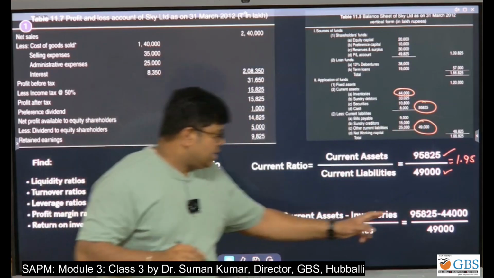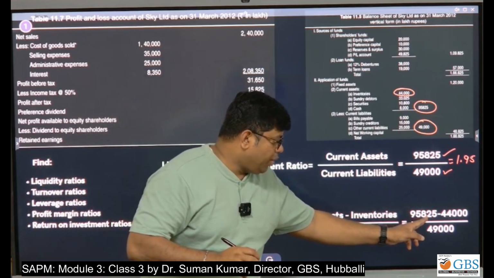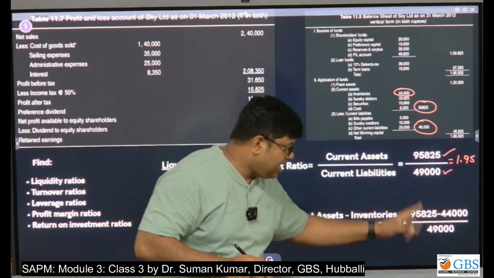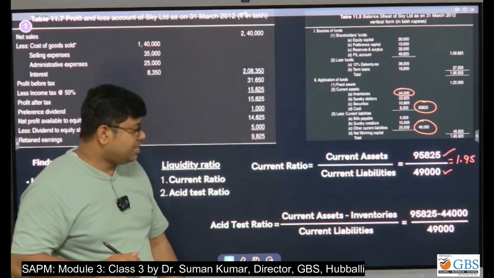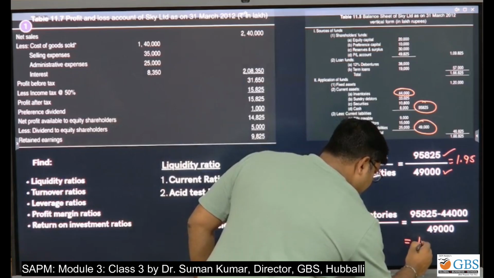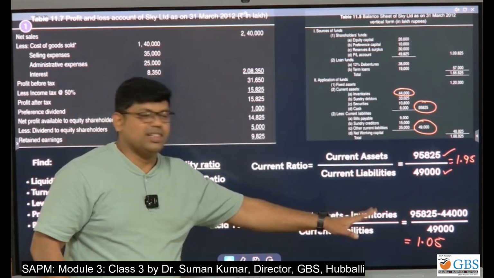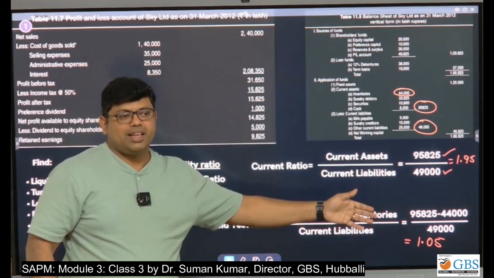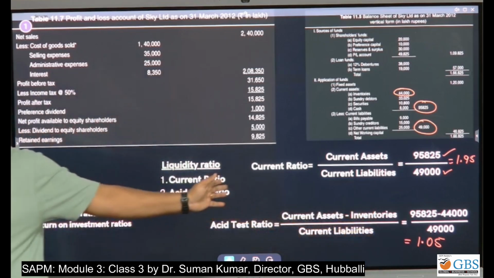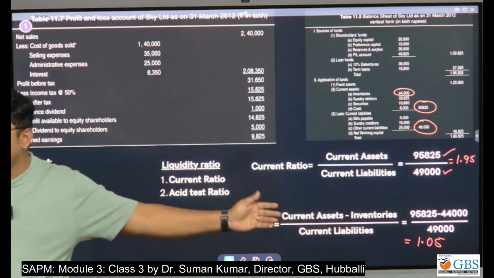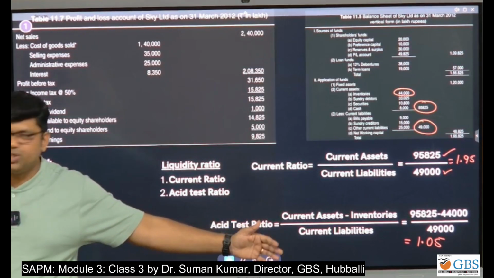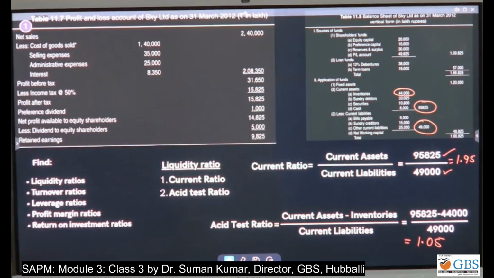So 95,825 minus 44,000 divided by 49,000 is 1 point something. This is ideal. If you remove inventory it becomes 1:1, which is very ideal. So liquidity ratio has two types, current ratio and acid test ratio.